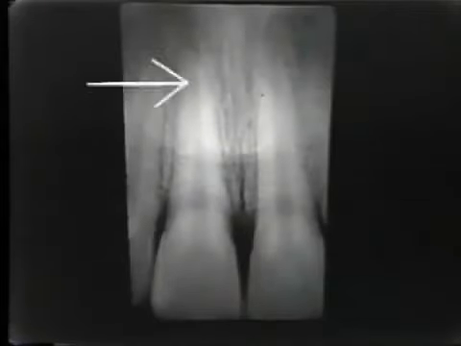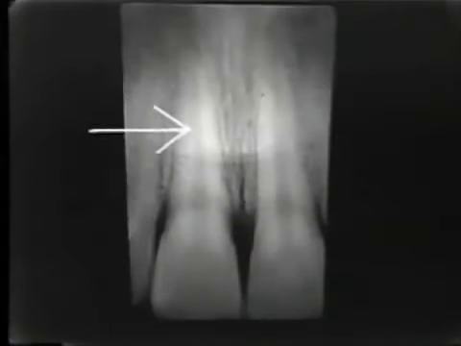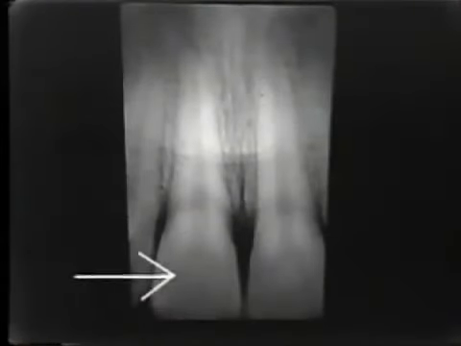Note that you can see in a mesiodistal view the shape and position of the pulp. You can also see the shape of the pulp chamber and pulp horns. And you can see the relative distance from the pulp horns and pulp chamber to the surface of the tooth due to secondary dentin formation.